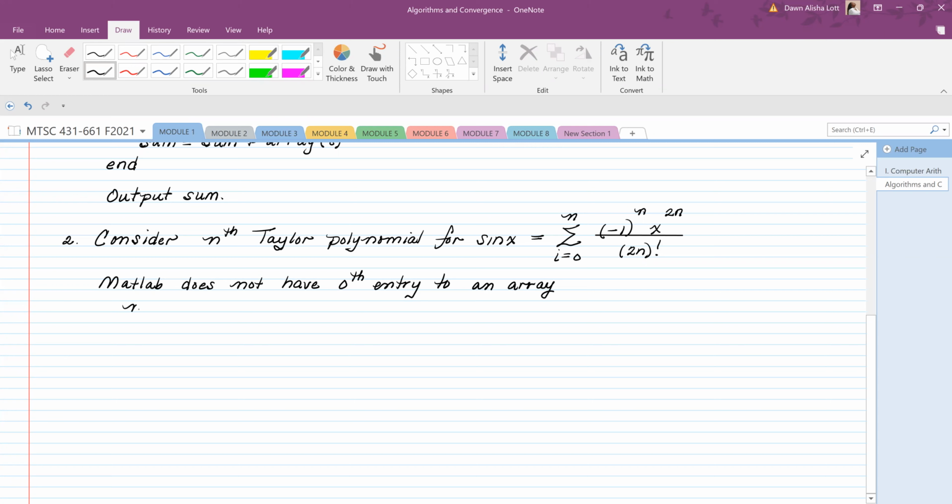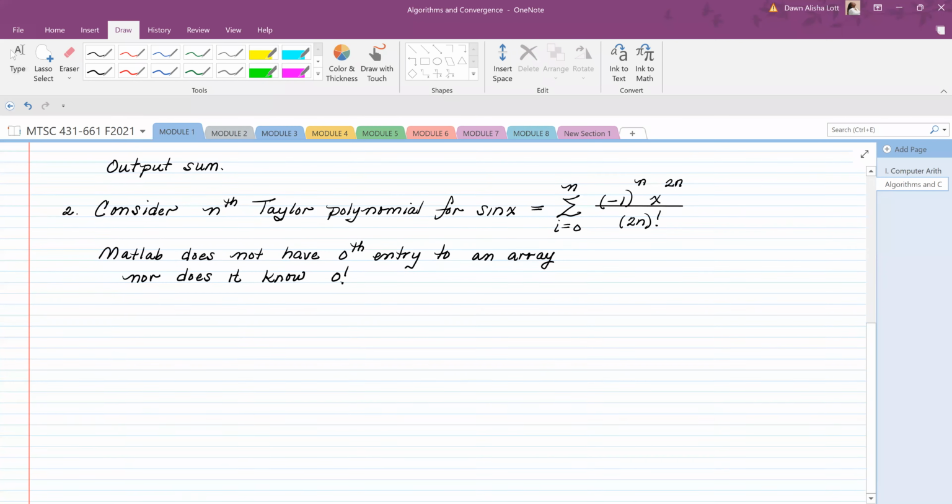Nor does it know zero factorial. Okay, so the one thing I would do with this one is, I have i's and n's in here, so there's something I got to change. I'm going to change this to an n. Actually, why don't I change that to a k?